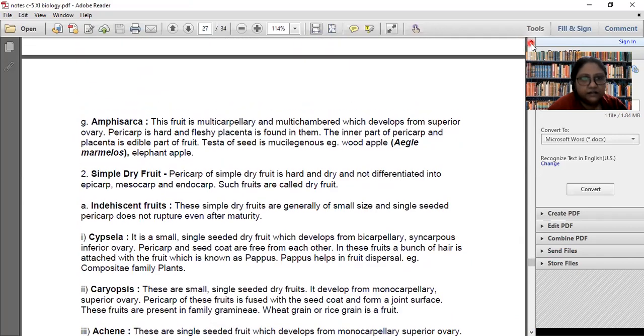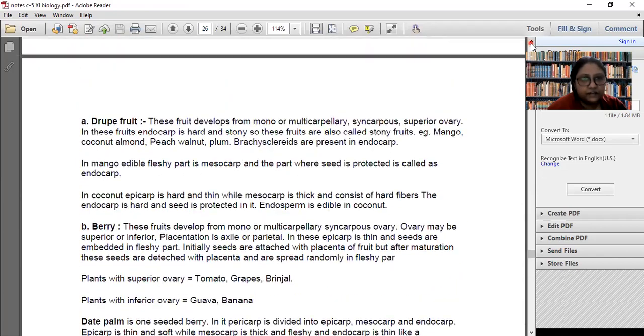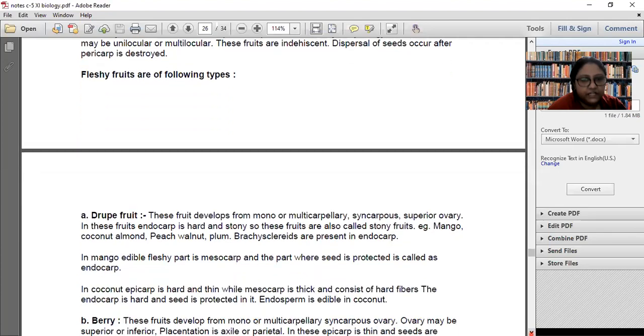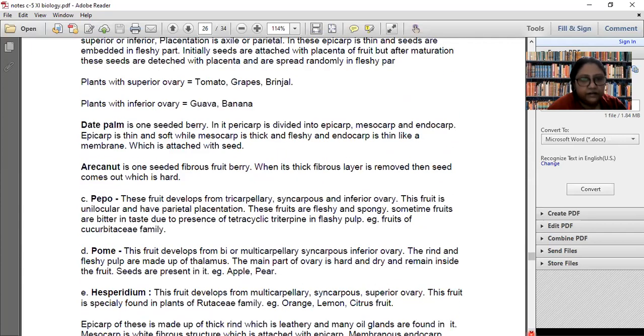Here are further subdivisions of fruits. You can see that the fleshy fruit, which is a type of simple fruit, can be subdivided into drupe and berry. Okay, and I told you in berry, date palm can be there. Pepo is also a type of fruit.